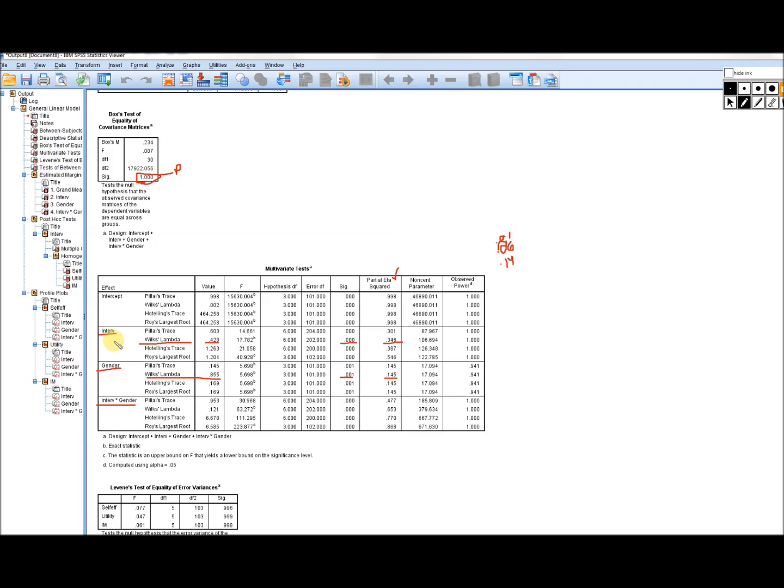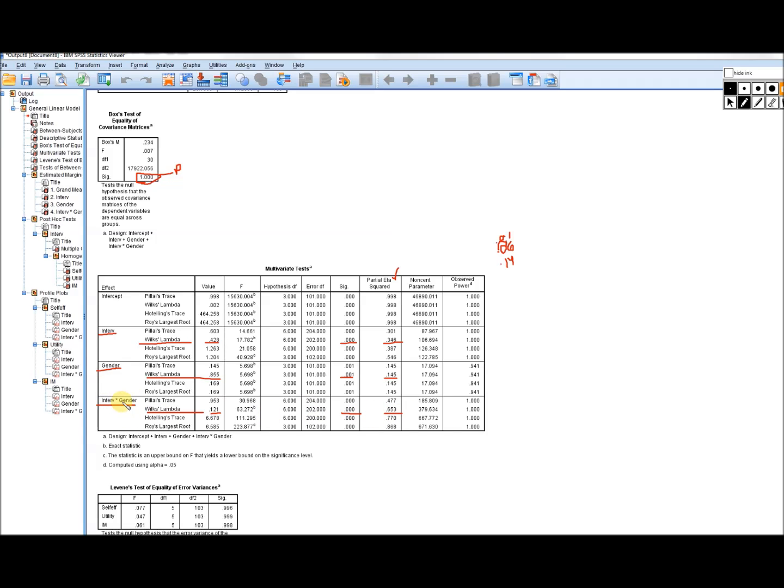So there seems to be a multivariate effect of intervention when it comes to accounting for variation in the set of dependent variables. It looks like there's a multivariate effect of gender on the set of dependent variables. And then when we look at the interaction term, you can see here that there is a statistically significant effect of the interaction between intervention and gender on the dependent variables.